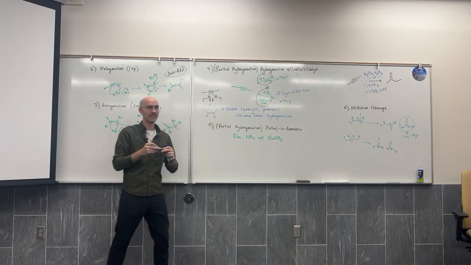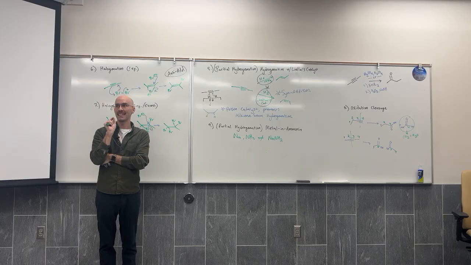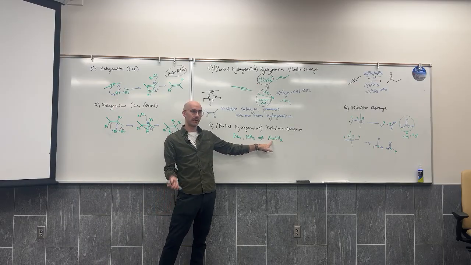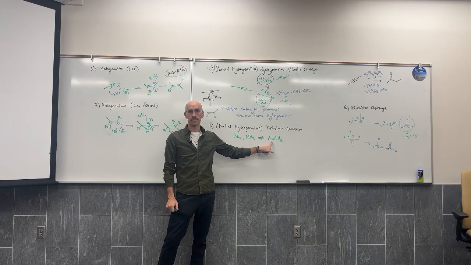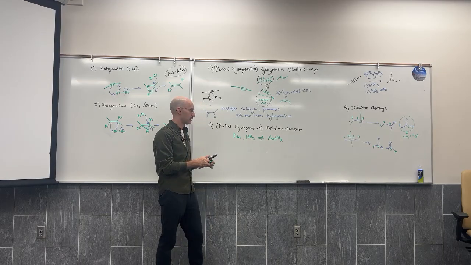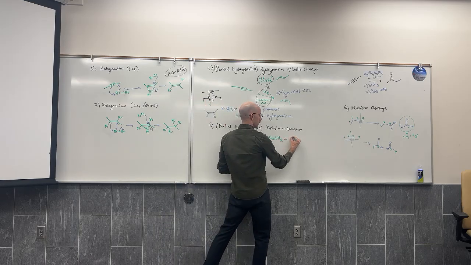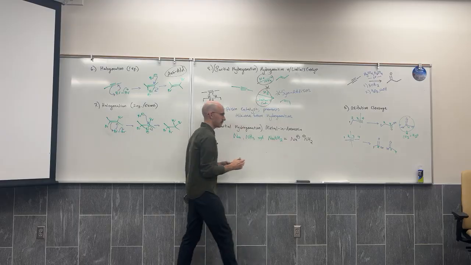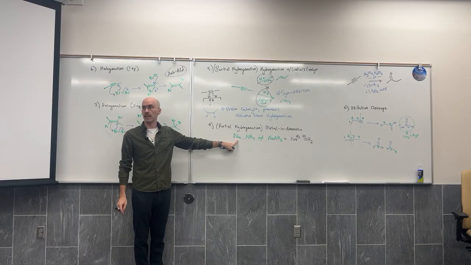NaNH2. Sodium in ammonia is not the same as sodium amide. What is the charge on sodium in sodium amide? Yeah, because it's part of a chemical, it's a cation. So this is sodium ion and amide ion. What is the charge of sodium in ammonia?